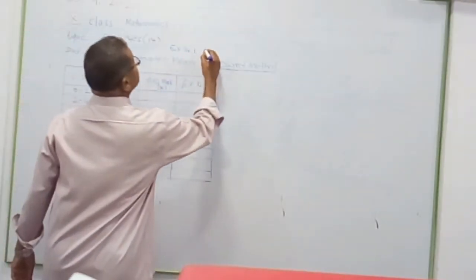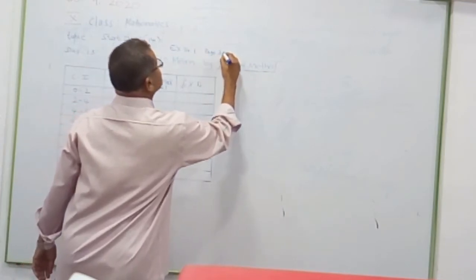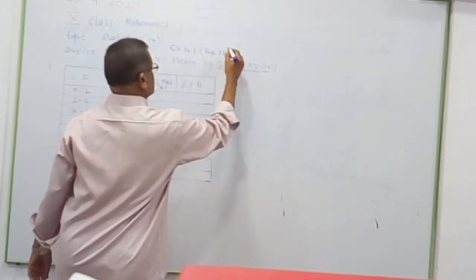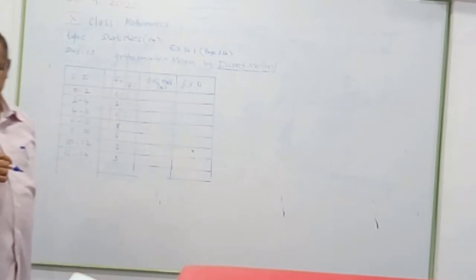It is given in the textbook, page number 336. It is a new book. In your book, the page number may be different, but the exercise is the same, 14.1.